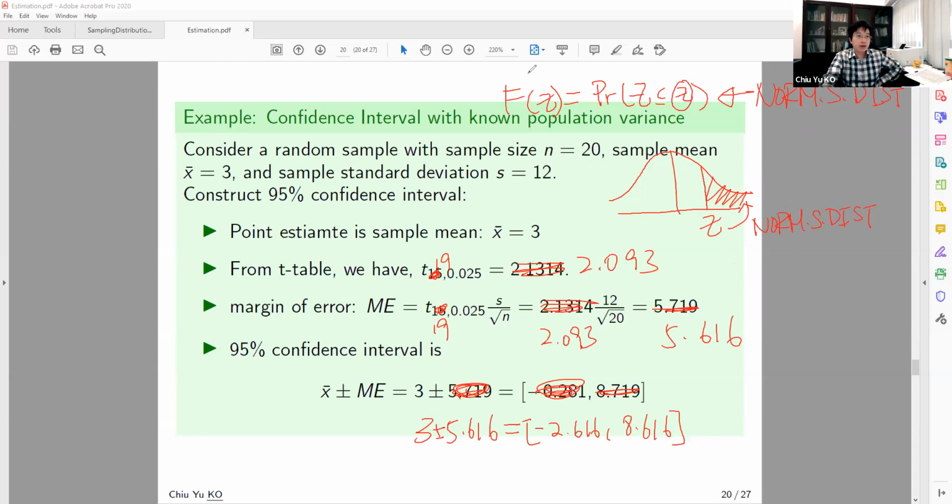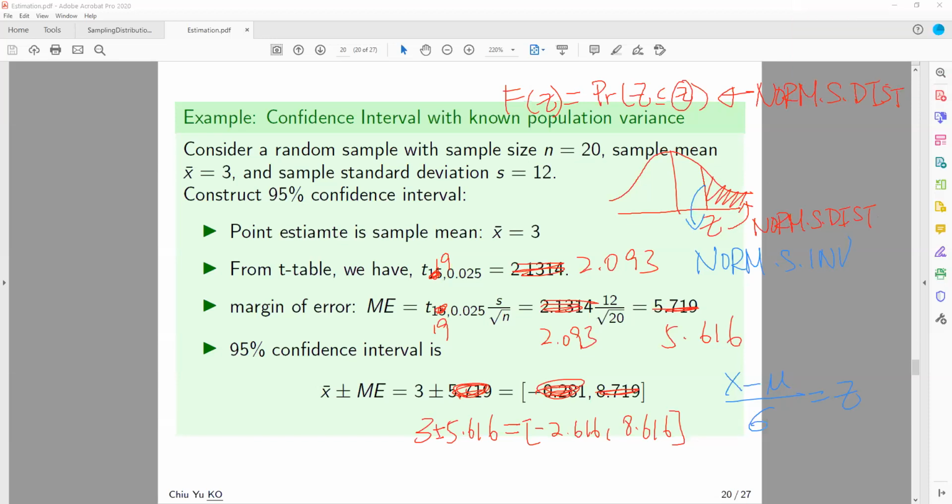If you go the other way around, from the probability to the Z value, it is NORM.S.INV, the inverse of this function. Converting to normal is not related to this formula; you just subtract the mean and normalize, which equals Z. You can easily see there are two different directions, so that's why it's inverse. Is that okay?